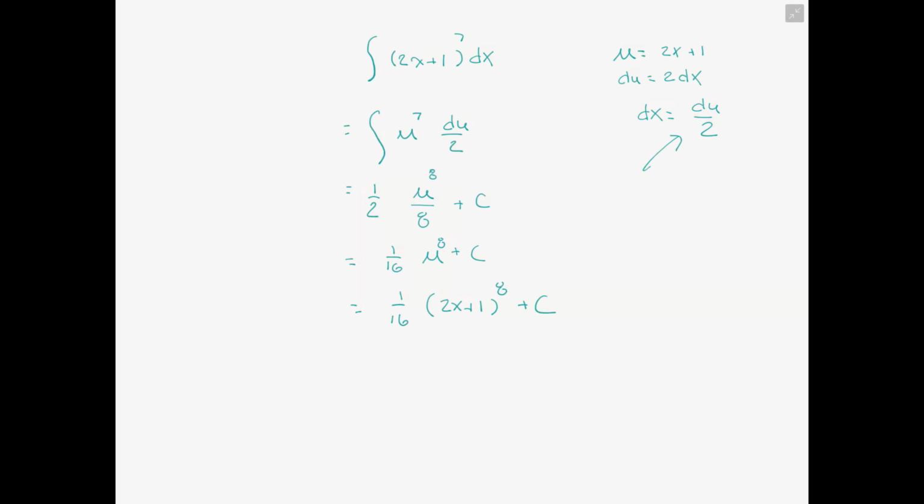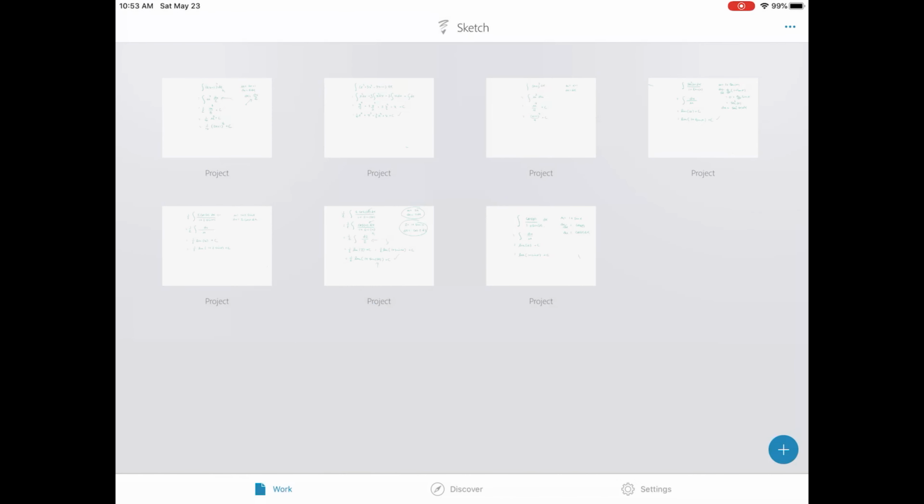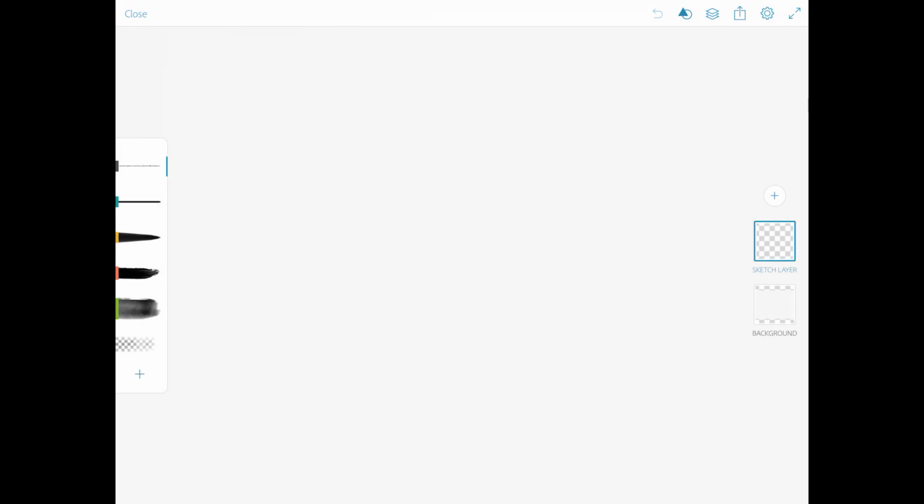The only thing different here is that you have to pay attention to your differential and make sure that you have it expressed correctly, the general theme that we've been following here with these integrals.